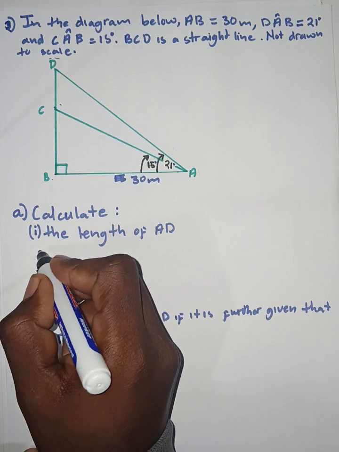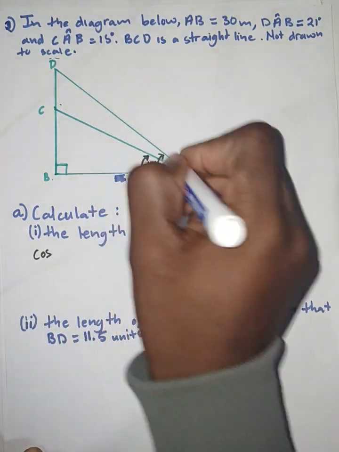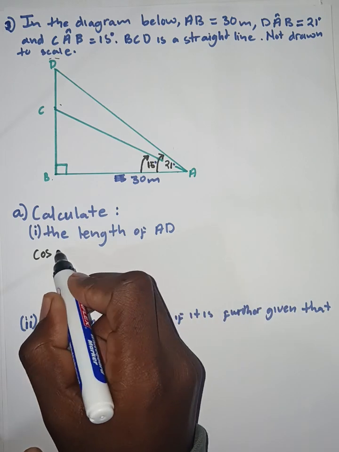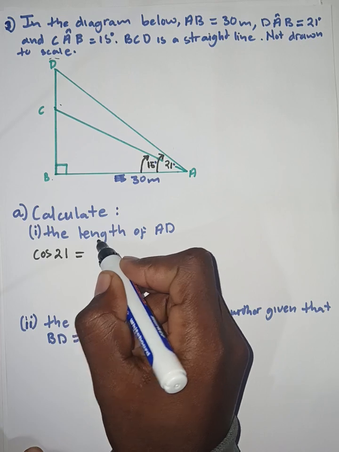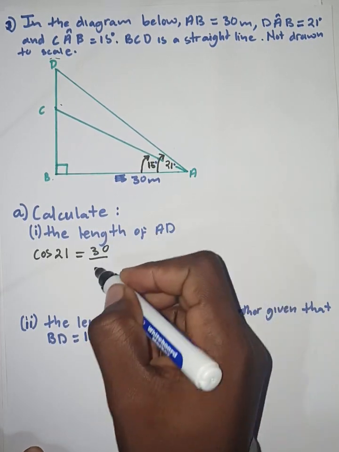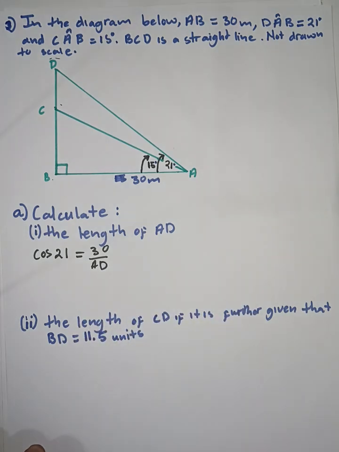So this would be cos of 21 degrees, because we are looking in the bigger triangle. This would be equal to the adjacent, which is 30, divided by AD, which is what we are looking for.